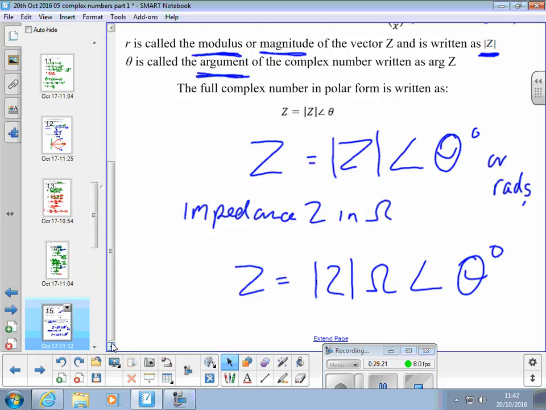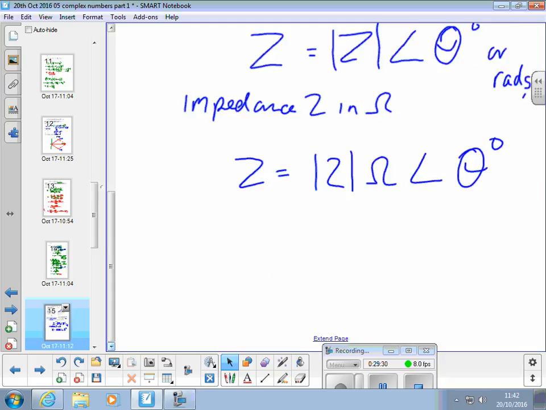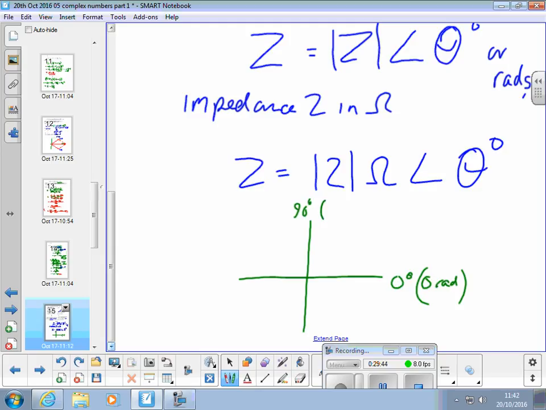And the angle is about positive angles going anti-clockwise around circles, starting from the positive real axis. So if this is our axis here, 0 degrees or 0 radians is there. 90 degrees or pi over 2 is there.